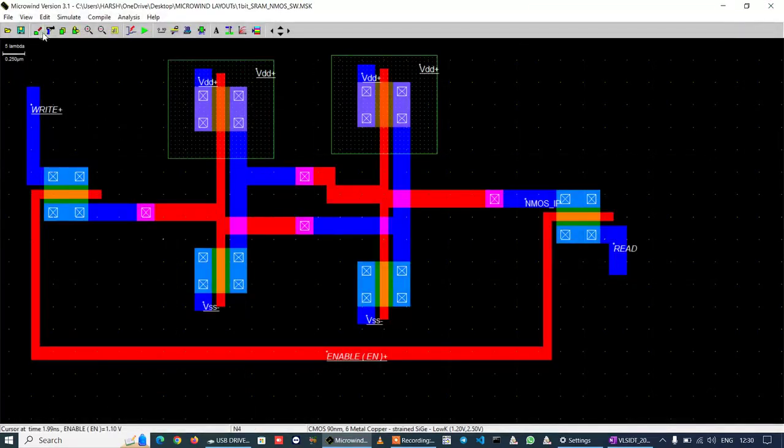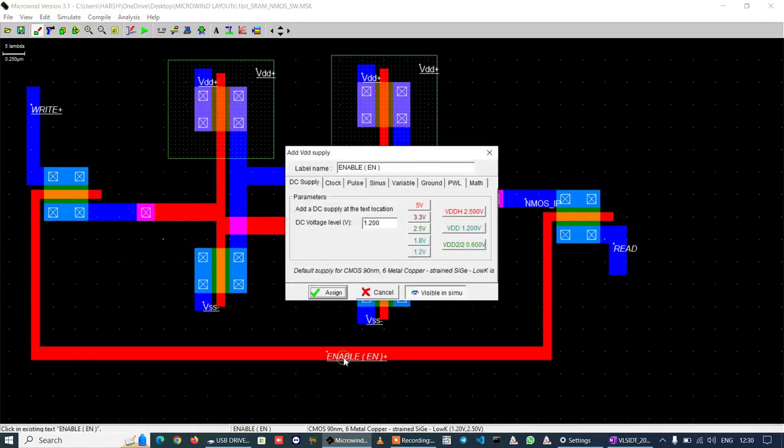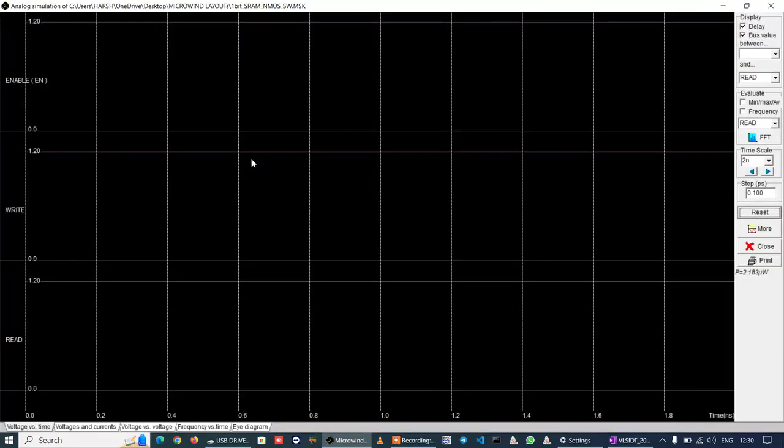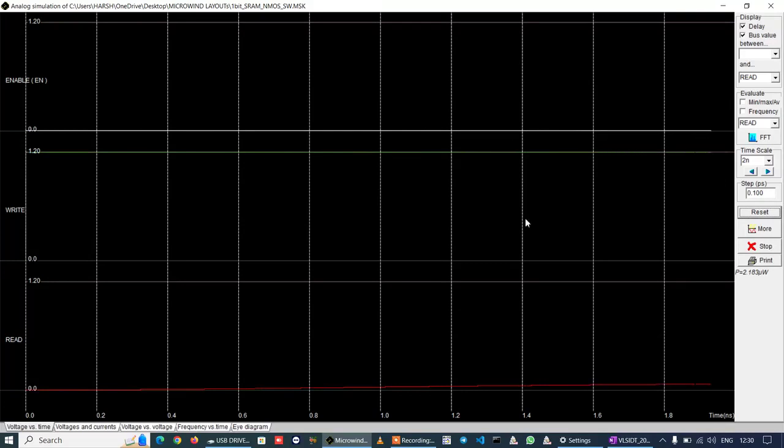Let us see what is the output for enable equal to 0. For enable equal to 0 and write equal to 1, the output is at this level, it is almost 0 volts.